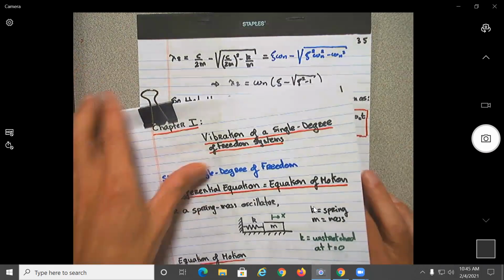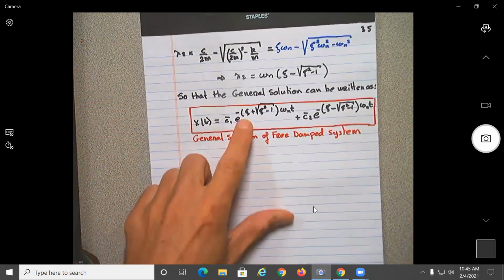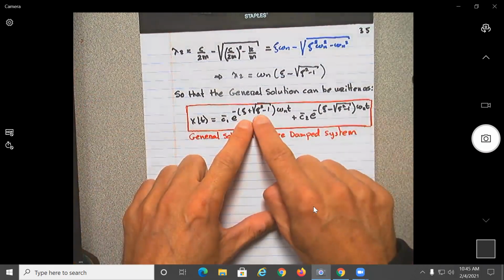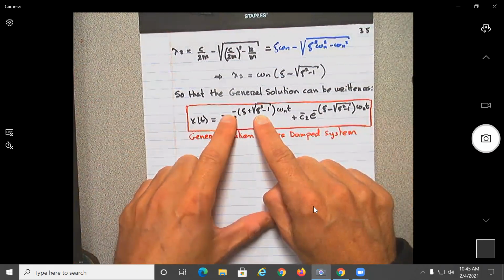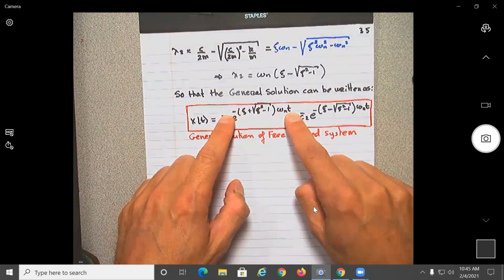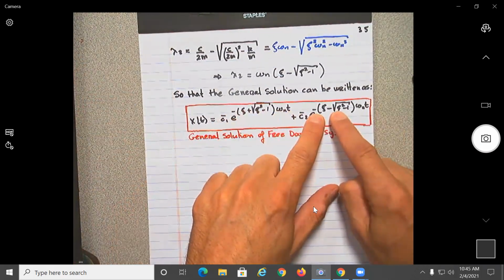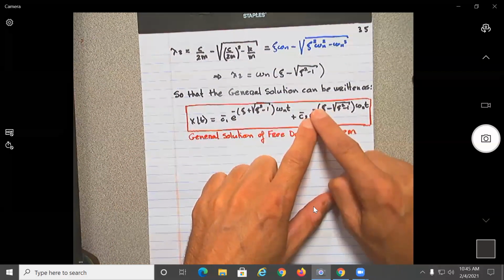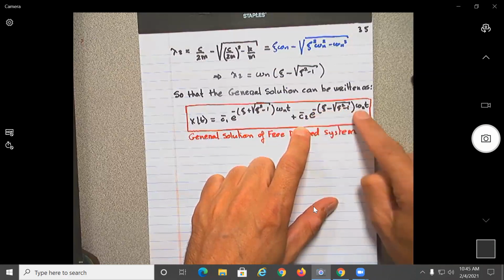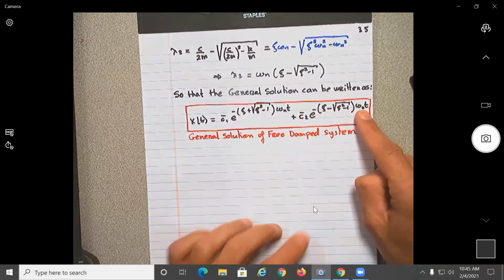So this will correspond to the case that the damping C is equal to 0. If it's equal to 0, you're going to have the square root of minus 1, which is equal to i. So it will be minus i omega n t, which is the same thing as we had before. And here you will have plus, so C2 exponential of i omega n t instead, which is the same thing as before.